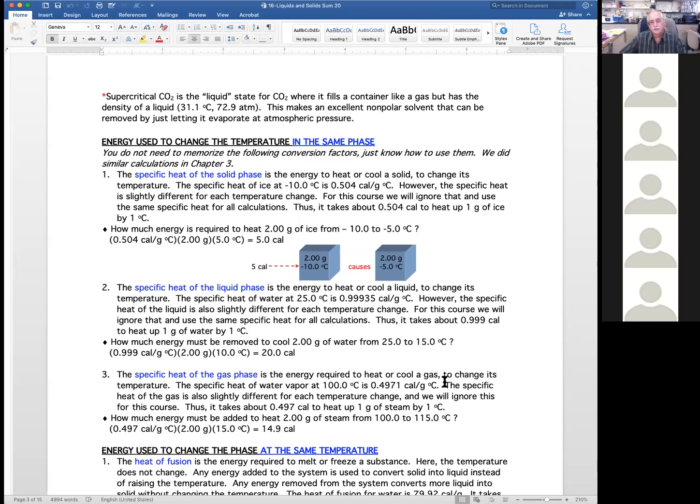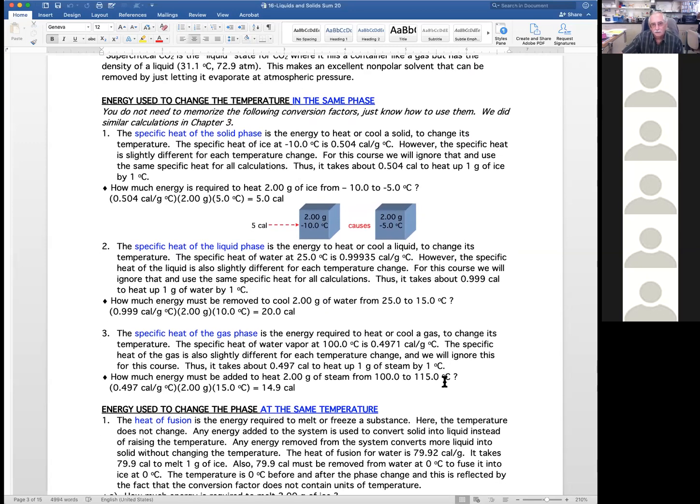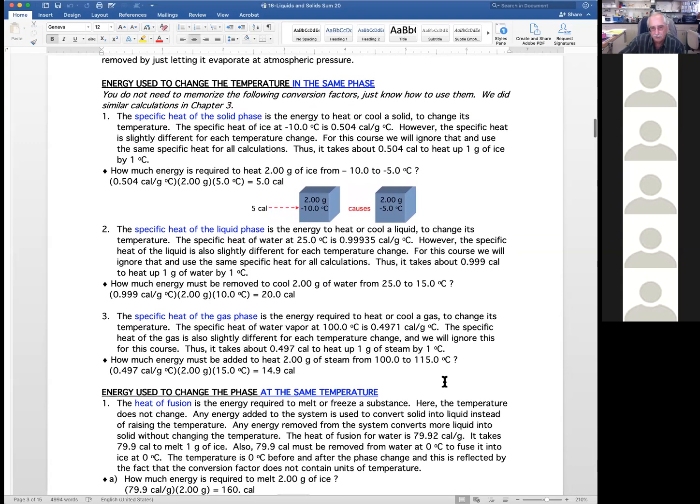So most of this chapter is about phase changes and the energy that's involved in that. So we have the specific heat of the solid, the specific heat of the liquid, and the specific heat of the gas. Now we did calculations, I think it was chapter 3, maybe chapter 2, I forget.